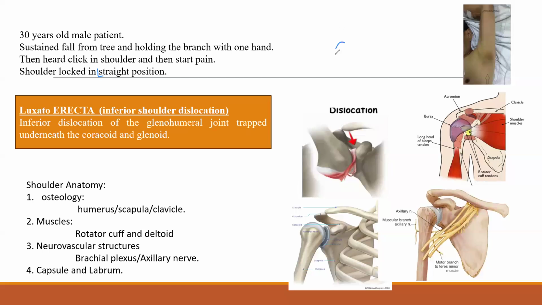This is your glenoid cavity, and the head of the humerus is down and the humerus is directed upward. So this is the presentation of the patient who has shoulder dislocation inferiorly. This is otherwise termed luxatio erecta.